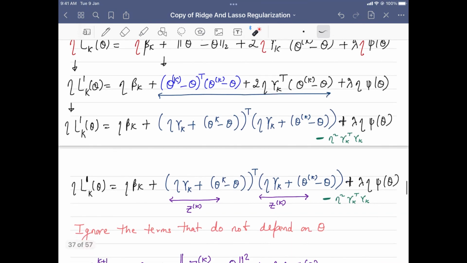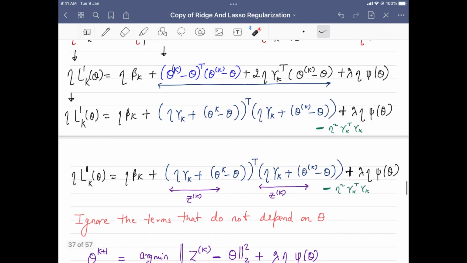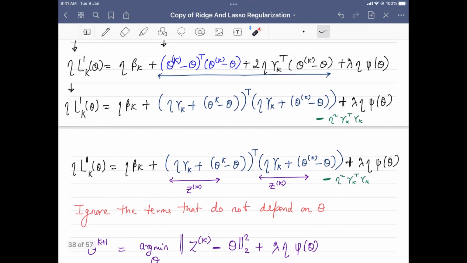So once we have this, we observe two important things. That is, we call this particular expression, specifically this one, as zk, and we call this also zk because both of them are same. So we're calling it as zk. And all the other terms are remaining the same.